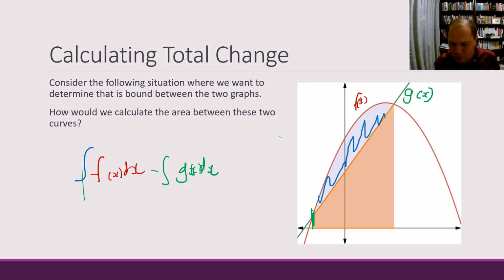So we will need to work out the intersection points, the intercepts of our two graphs, before we consider how to do the integral. The bounds of our integral, the area between these two curves, will just be the points where our curves intersect.